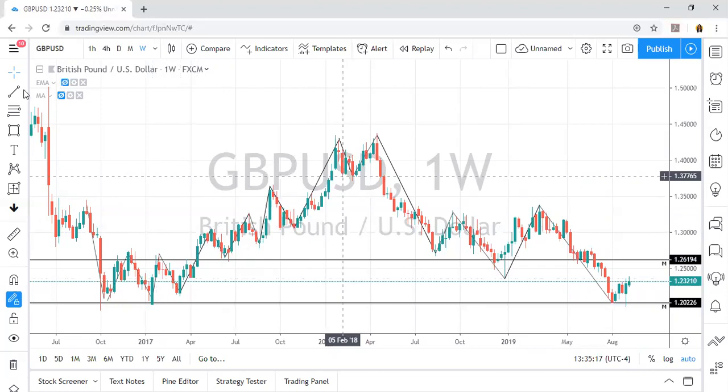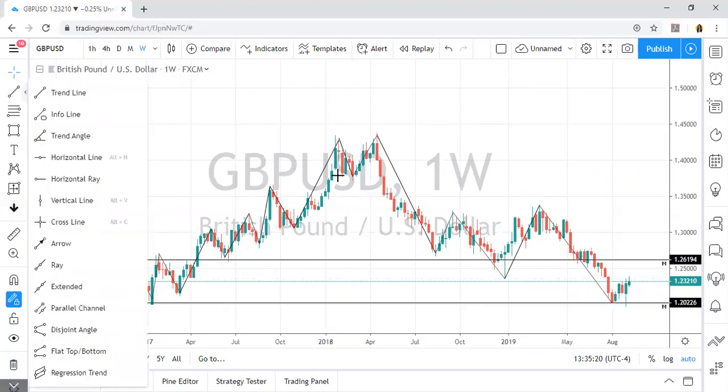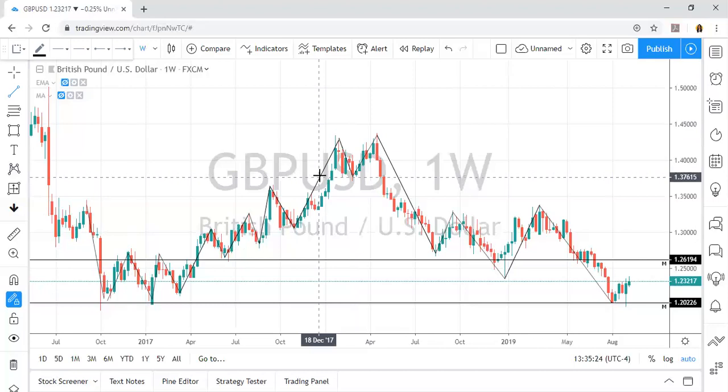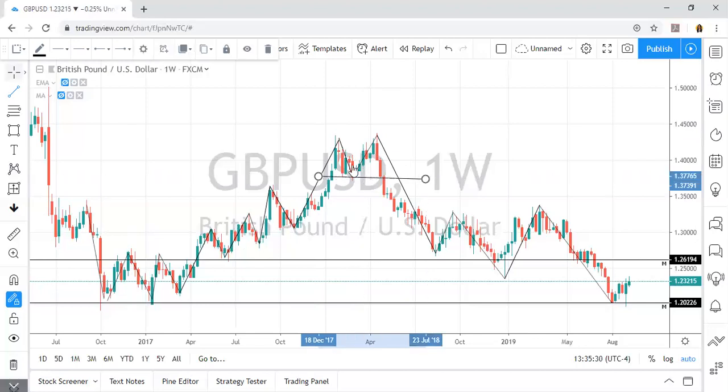So I'll take another trend line and pretty much do such here, place that trend line there, because once the market closes, actually, let me move it up a little bit here.